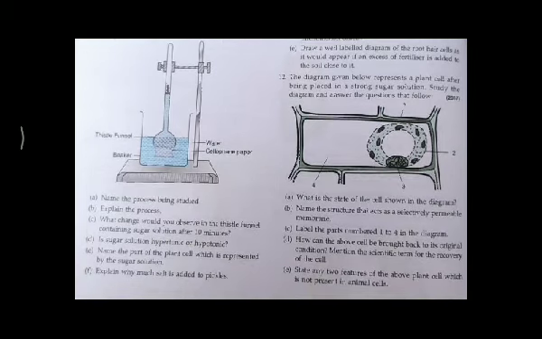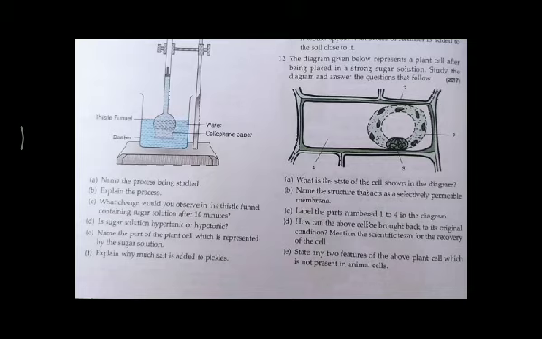Now the next question, question number 12, is again a board examination question, from the year 2017. The diagram given below represents a plant cell after being placed in a strong sugar solution. Study the diagram and answer the questions that follow. The first segment is asking, what is the state of cells shown in the diagram?